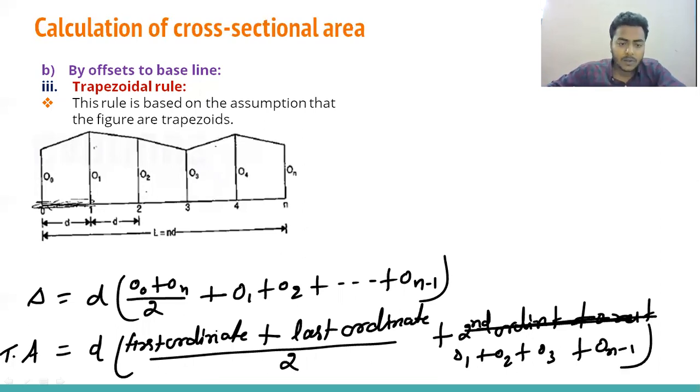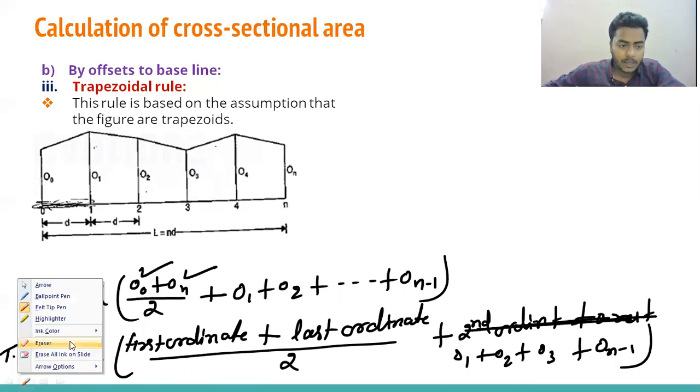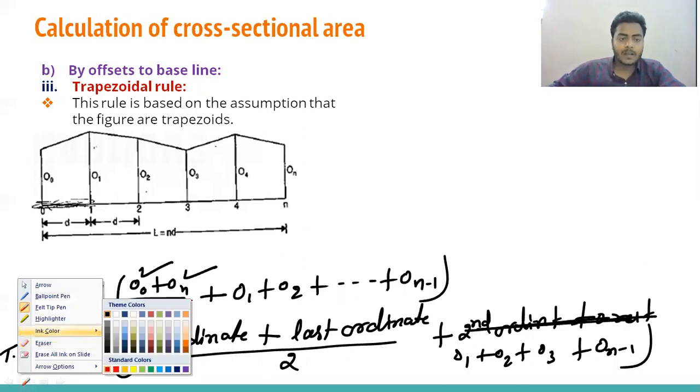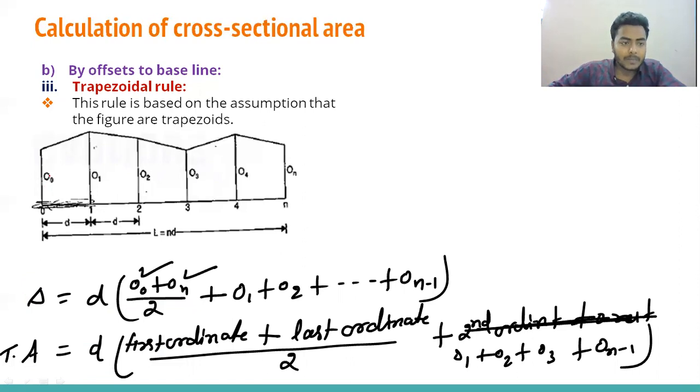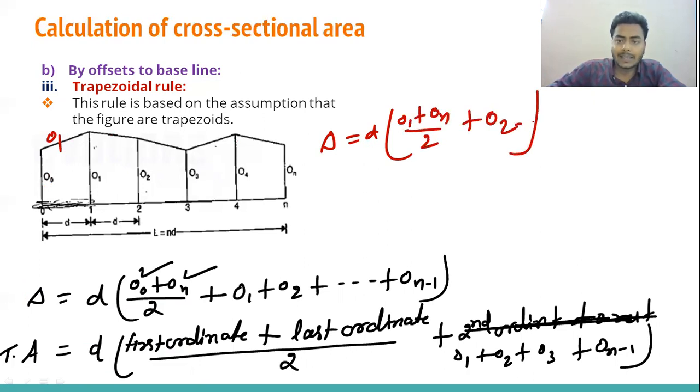Why am I writing first ordinate and last ordinate here? This is because in many cases you will see that they have named the first ordinate O1. In their expression they have written O1 plus On divided by 2 plus O2 like this.